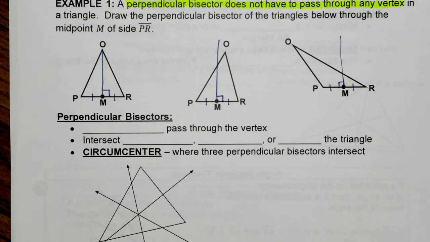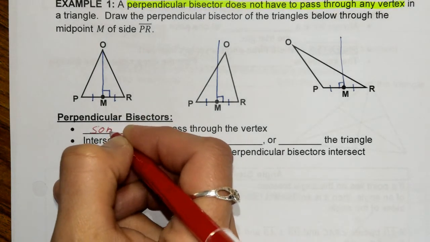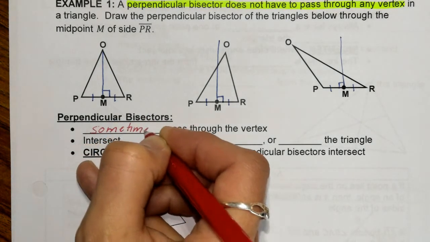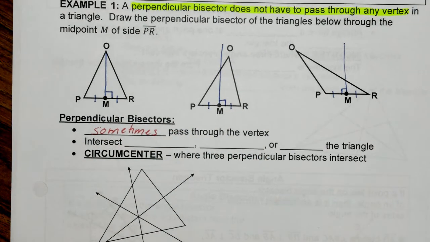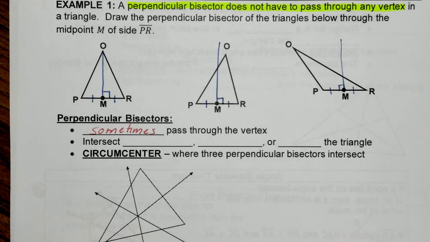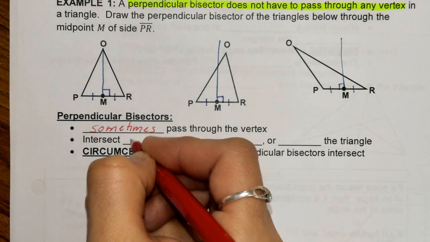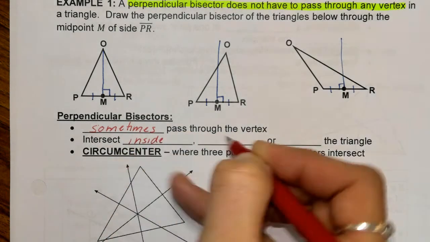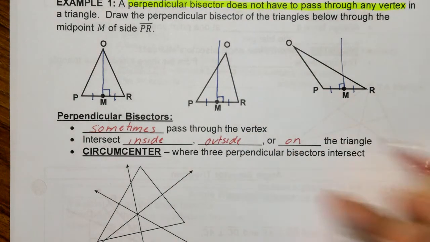With your perpendicular bisectors, they sometimes pass through the vertex, like we just discussed and saw. When we have this intersection of all three, because again, they will have three perpendicular bisectors, just like the altitude, median, and mid-segment. When they intersect, they could end up intersecting inside, outside, or on the triangle.